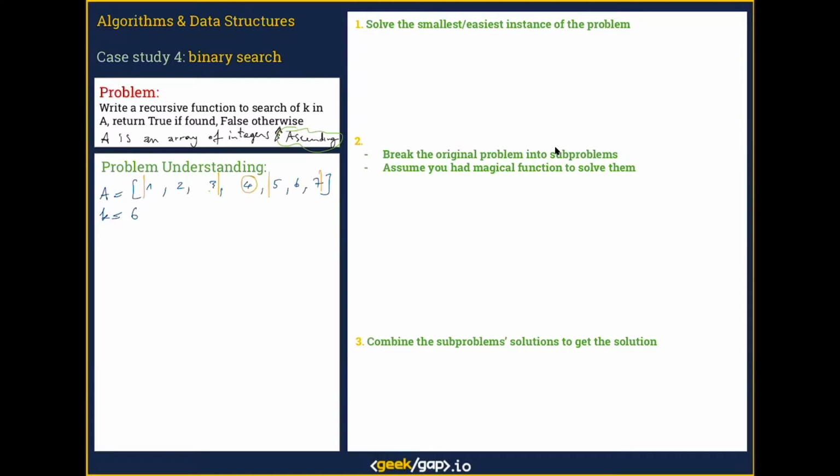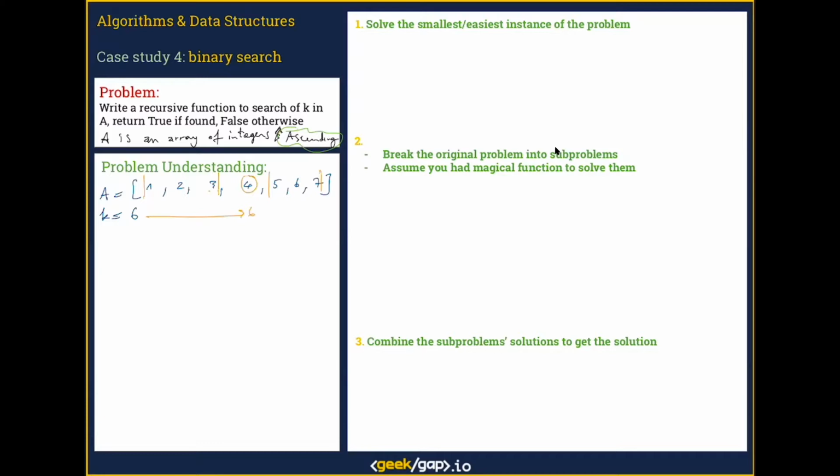Once we are at the middle, we look left and we look right. And we just compare our middle to the target that we're looking for, which is 6. We see that the middle is actually smaller than what we're looking for.